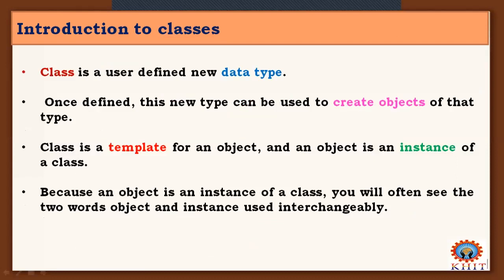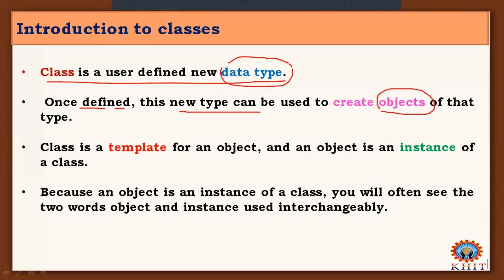And before that, class is a user-defined new data type. As a data type, we can organize some type of data in our programs. The same way, the class type of related contents we can organize in our program as Java objects. Once this class is defined, the new type can be used to create objects of that type.